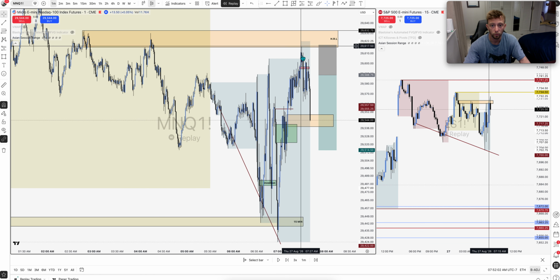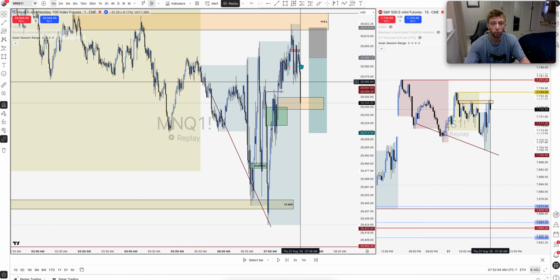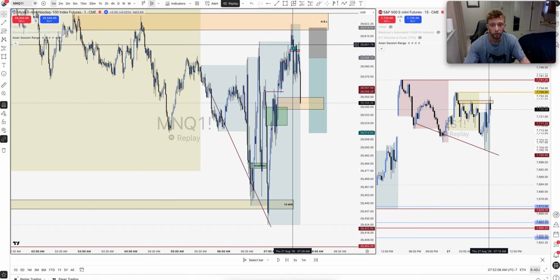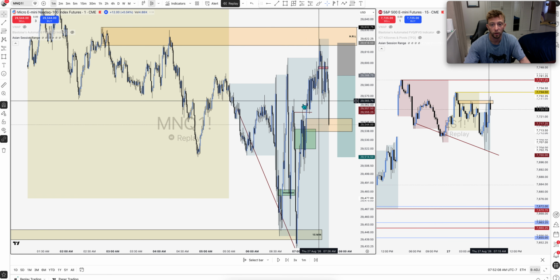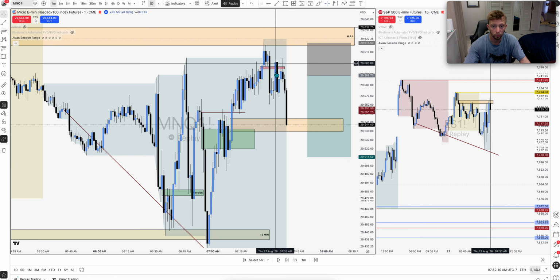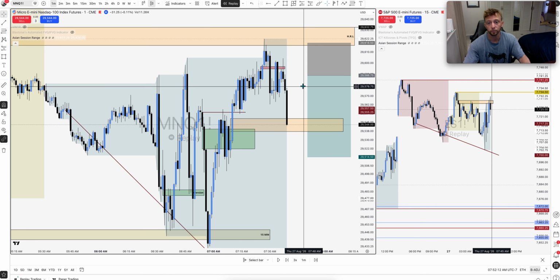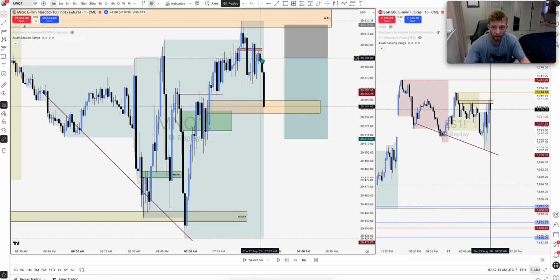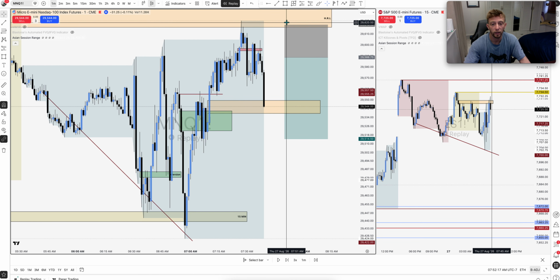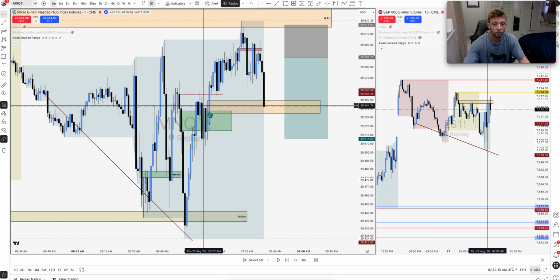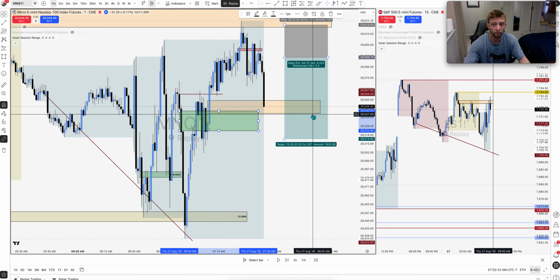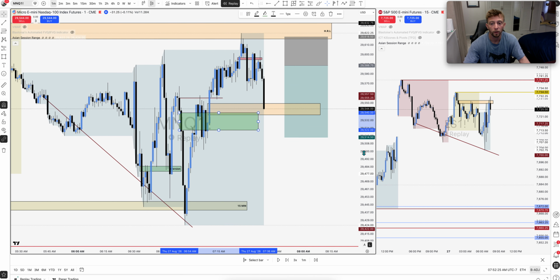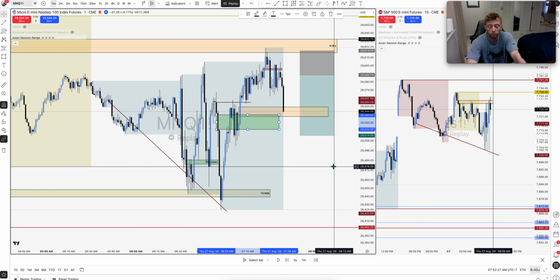So we had a wick, and we had a nice rejection right here, and price came back up, rejected, and so I got in at 588. Stops were at the high, and I just targeted this sort of area right here for a 1 to 2.5. And that was the trade that I took.